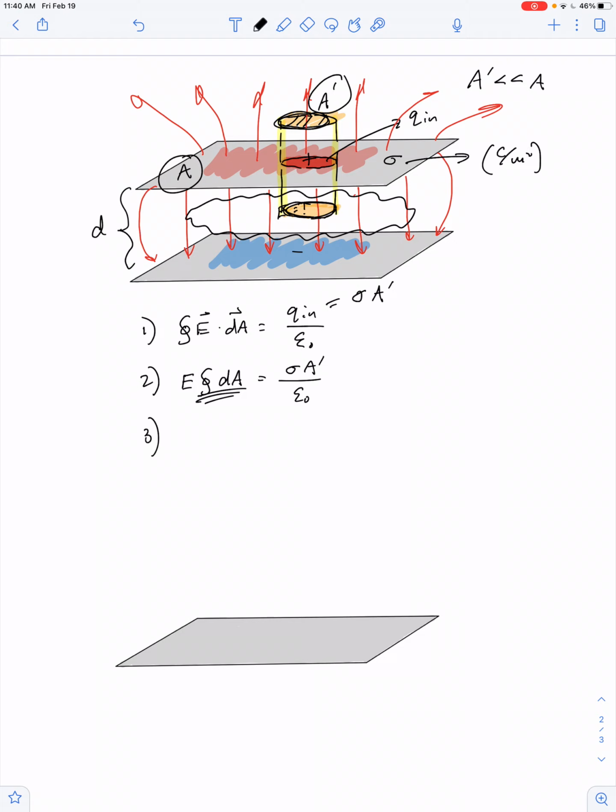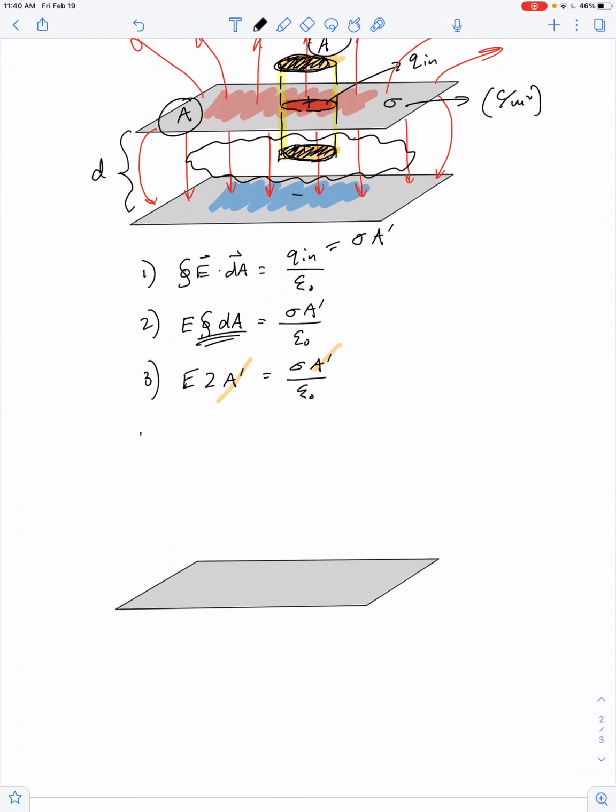Now the total area through which there's flux is the top and the bottom end caps of my Gaussian surface, and so we get E times 2A prime is equal to sigma A prime over epsilon naught. So you see we can cancel out the A prime, and we get to the result. And this is all review from our previous lesson. Anyway, the electric field just due to the top plate, not the total electric field, would be equal to sigma divided by 2 epsilon naught.